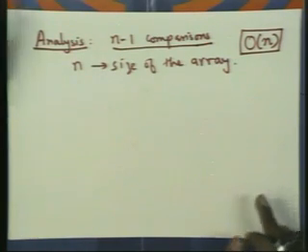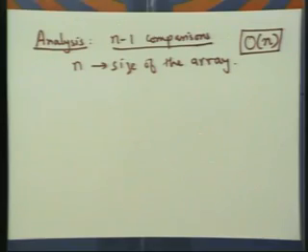A question that one can ask, and should ask, is: is this the best? Can I find the minimum element in an array using fewer than n minus 1 comparisons? If you just think about it, or even if you don't, I guess most of you will jump up and say, of course you need n minus 1 comparisons.